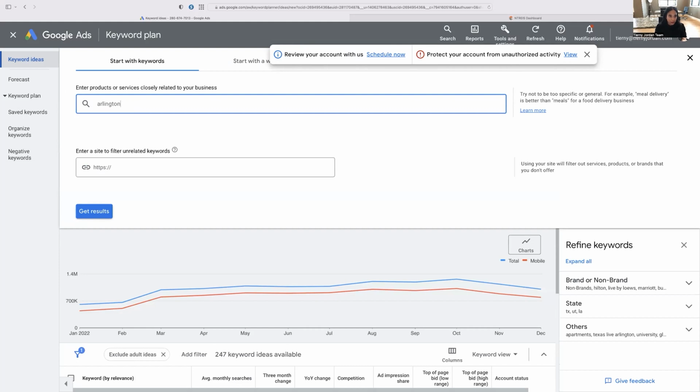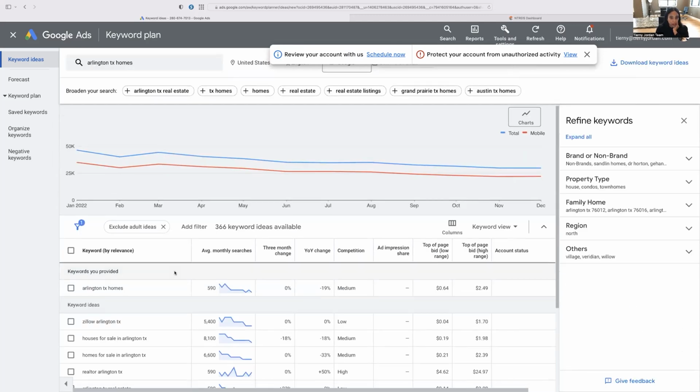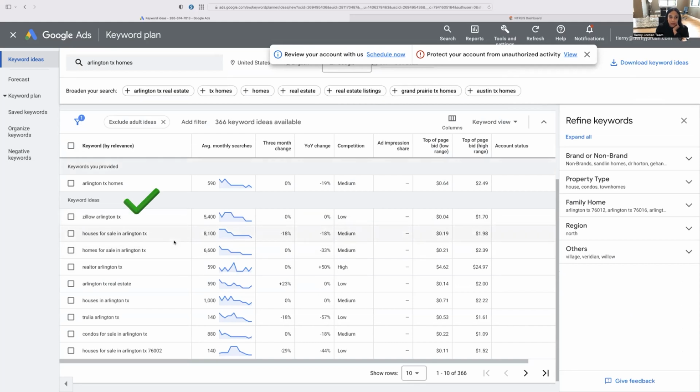Arlington. I'm going to have to put Arlington, Texas homes because there's Arlington, Virginia, right? So I want to see about the Texas one. This is a pretty good search too, okay? So I'm going to look at between Plano and Arlington.